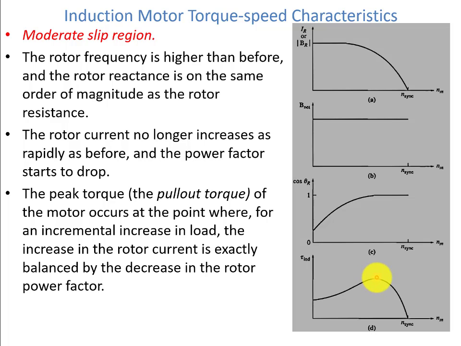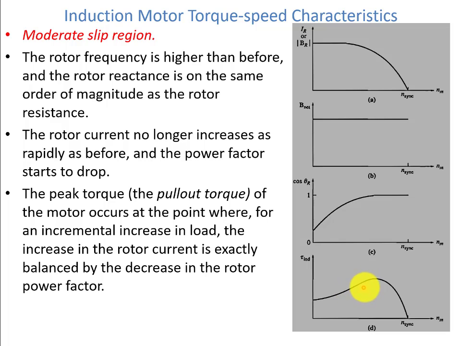So pull-out torque means the maximum torque that can be added to the motor so that it can operate. Obviously we cannot put this load for longer times because it is not good, because we have high rotor currents and cos theta r is less than 1, and we have the maximum torque then.